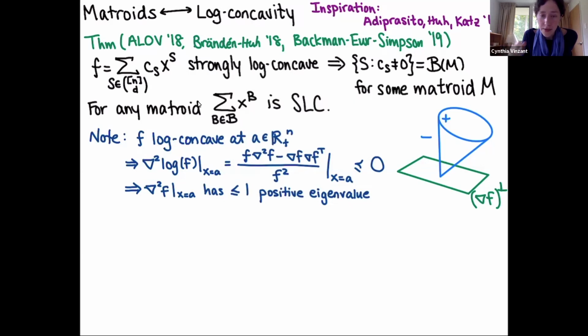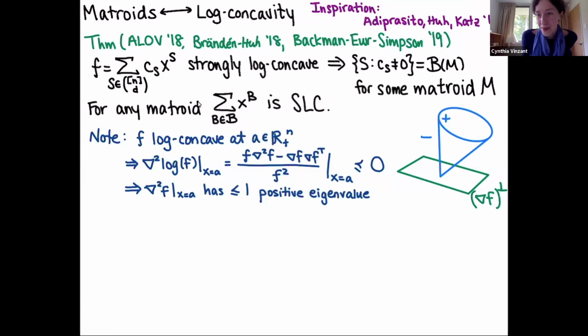All of its eigenvalues should be negative. And if you actually write out what the Hessian is and evaluate at this point, you get f, which turns out to be a scalar, times the Hessian, which is some matrix, minus the gradient times its transpose, which is a rank 1 matrix, divided by some positive number.